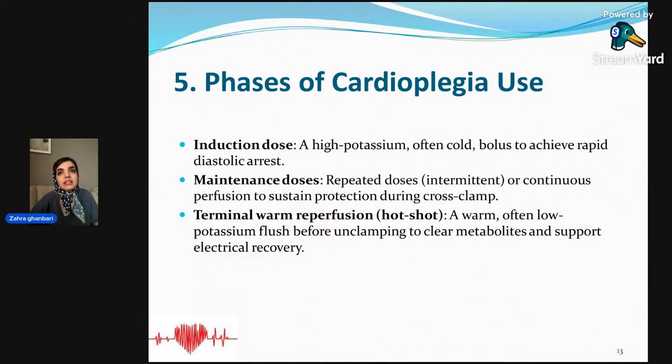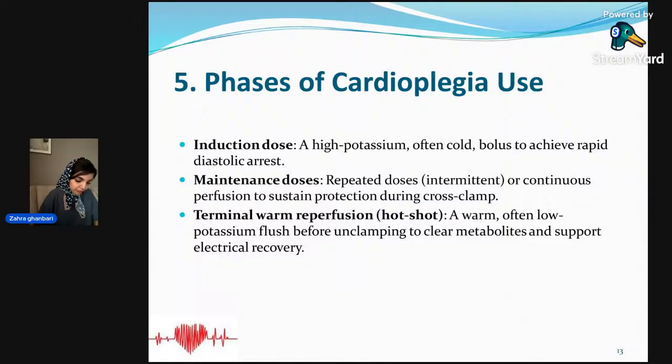It is less because there is still some potassium left from the induction dose, so we don't need a higher dosage of potassium. If we use a higher dose in maintenance, it will be dangerous, leading to arrhythmias, and maybe we have some problems after reperfusion. So the dosage must be lower than the induction dosage.